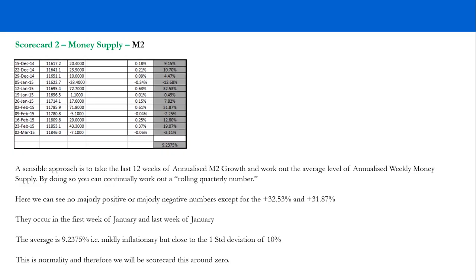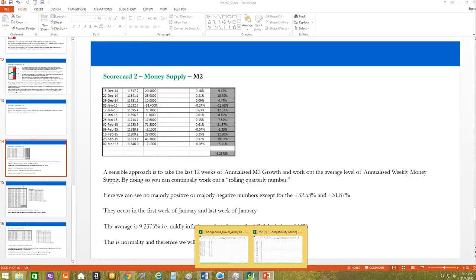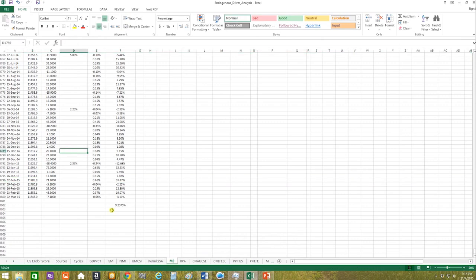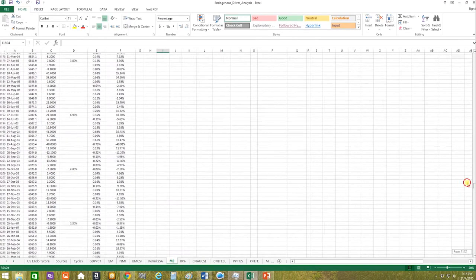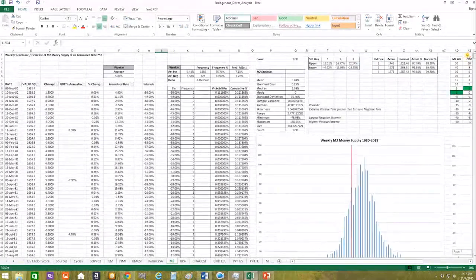But before we finish up analyzing the M2 money supply trend, what I want to do now is show you how you can actually look at this data and interpret the extreme moves, because I think that's quite important. If we go back to the endogenous sheet and tidy this up here, what you can do is analyze the data by filtering for extreme values.